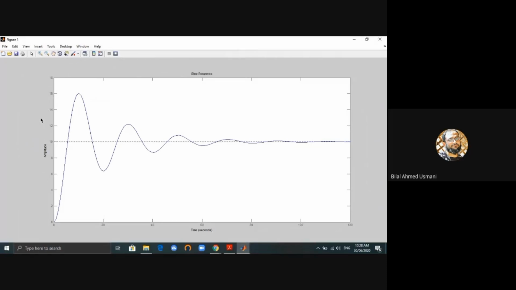You can see it from the diagram over here. Time is in seconds, amplitude is over here, and you can see that it's being damped quite quickly.